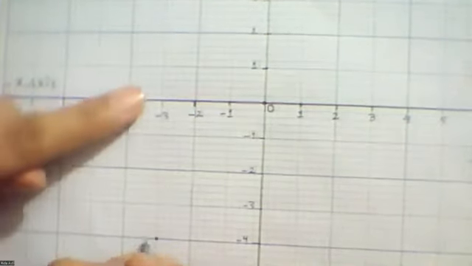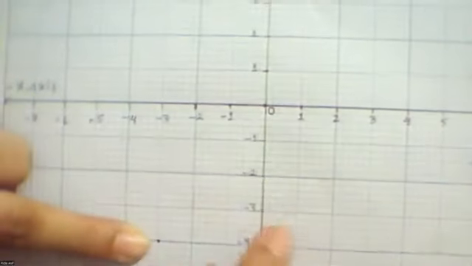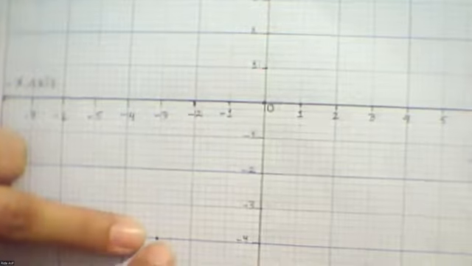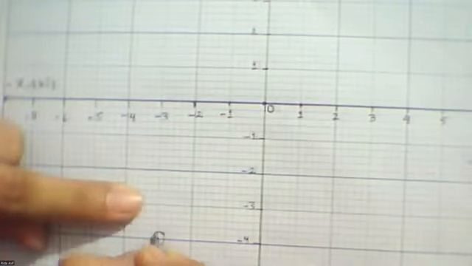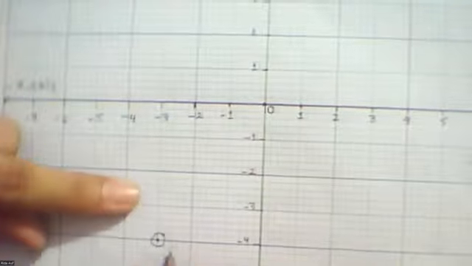Here the x-axis is -3 and the y-axis is -4. So we can write it down here.